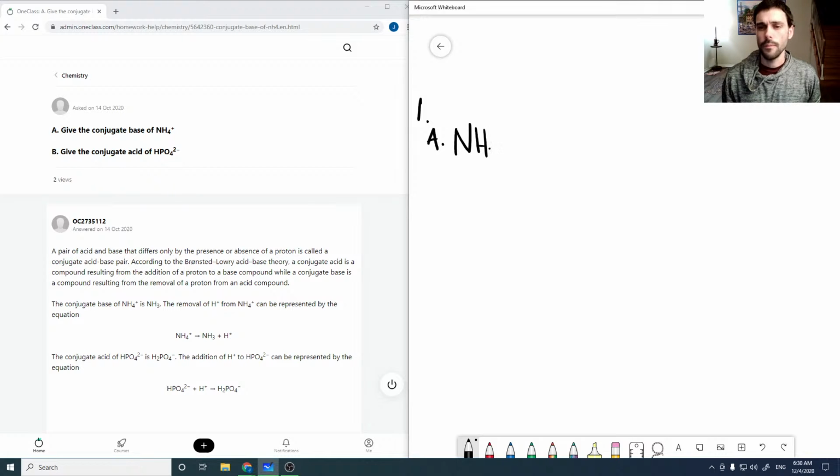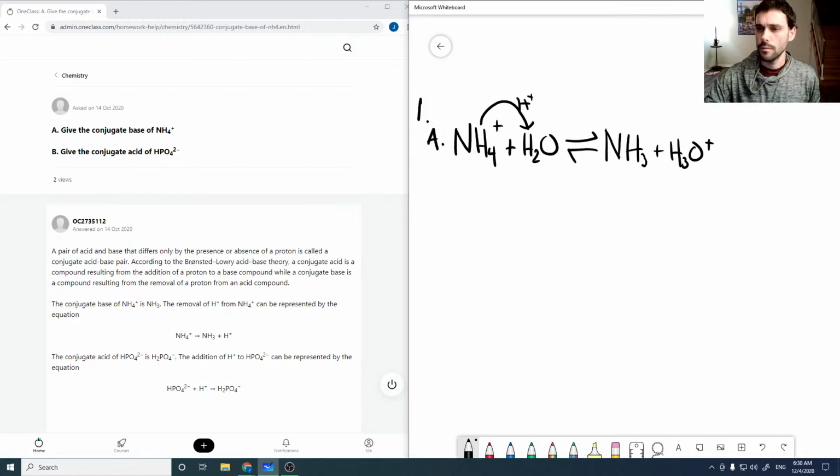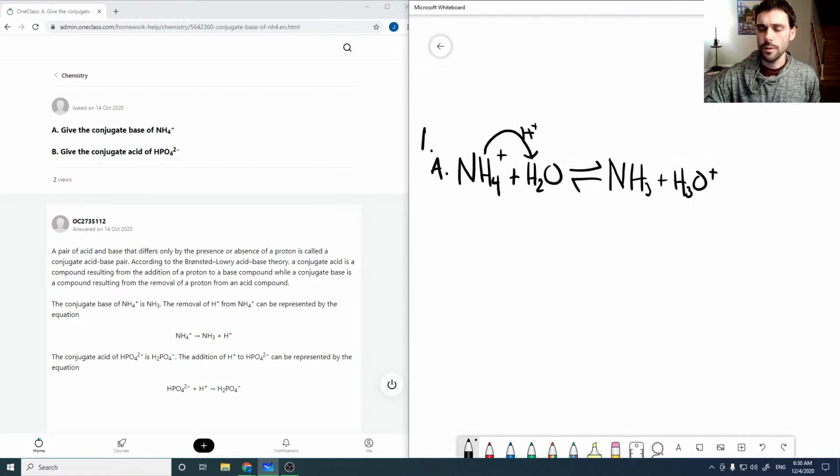So our acid-base reaction with NH4 plus is going to be with water, and we're going to transfer a hydrogen to get NH3 plus H3O plus. And I'm just going to migrate this to make sure it's visible.